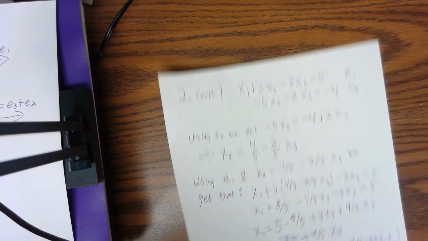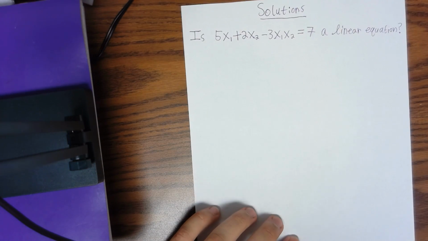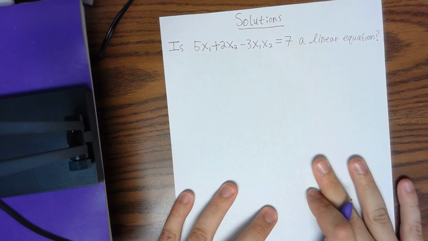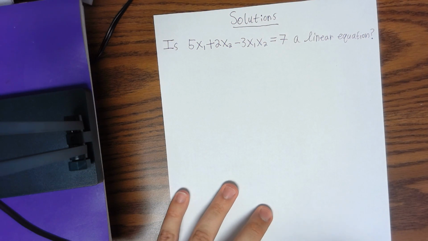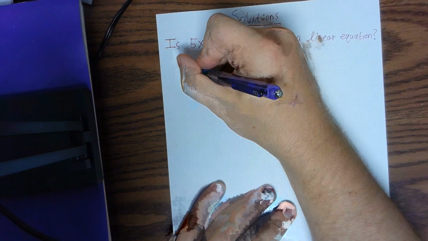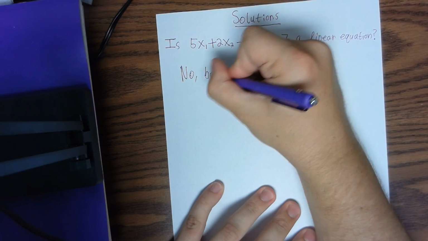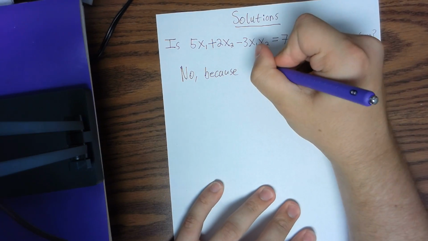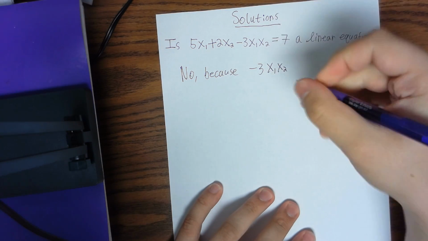So the last problem is, where is the last problem? Oh, here it is. We're just asking, is this equation linear? And this one is just a quick one. It's no, because we have the negative 3x1 x2 term.